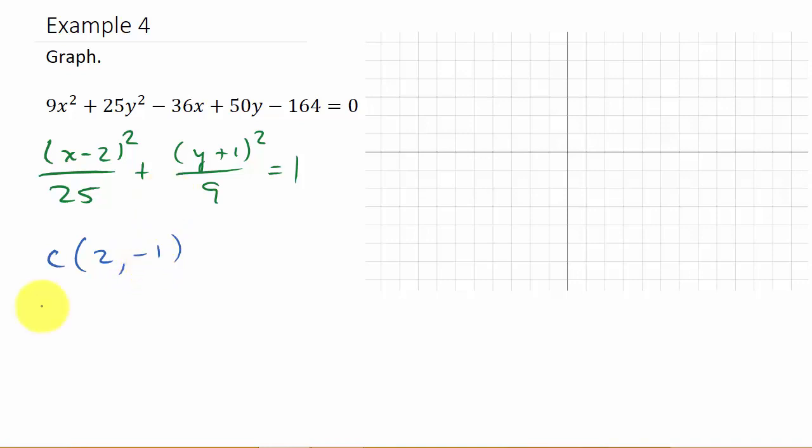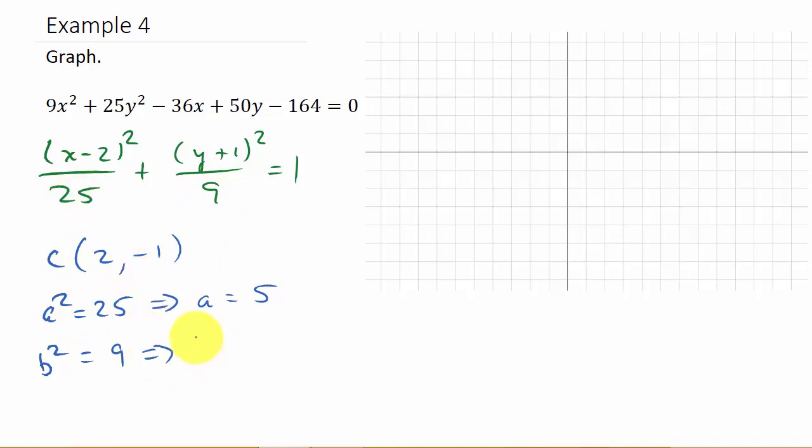Okay, now let's get A and B. Alright, so we have a squared is equal to 25, which implies a is equal to 5, and then b squared is 9. Okay, remember a squared is the larger number.